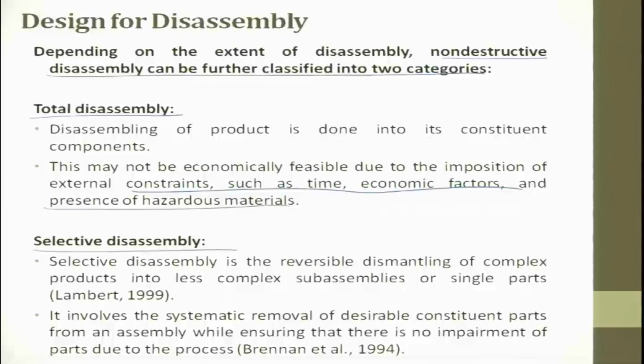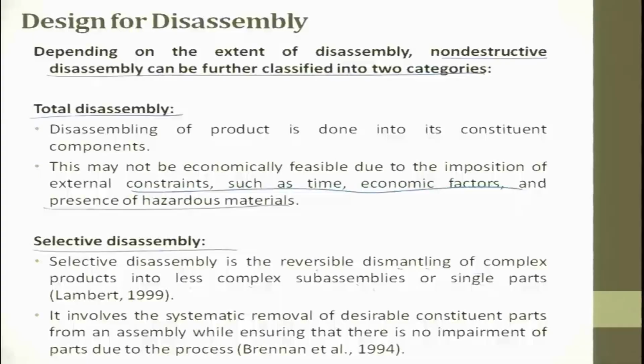What is selective disassembly? Selective disassembly is the reversible dismantling of complex products into less complex sub-assemblies or single parts. It involves the systematic removal of a desired constituent part from an assembly while ensuring that there is no impairment of parts due to the process.